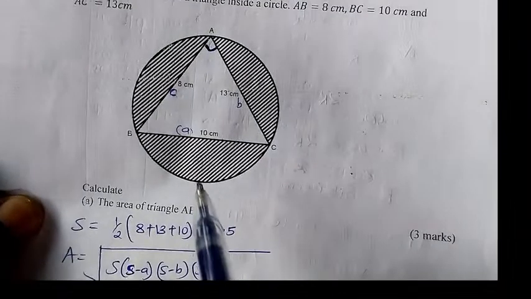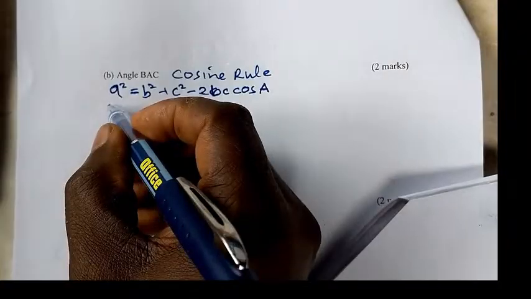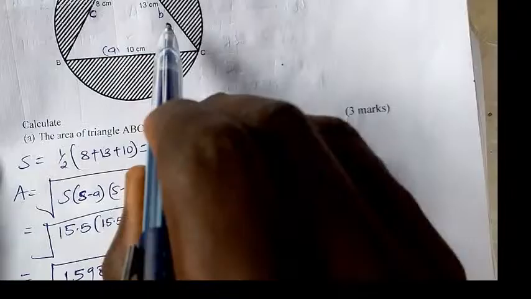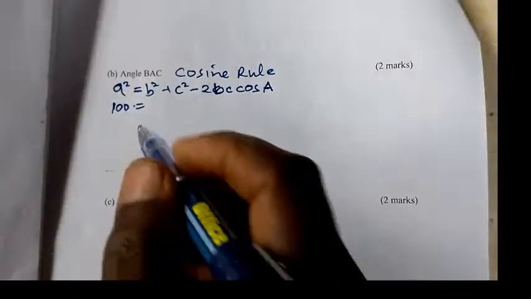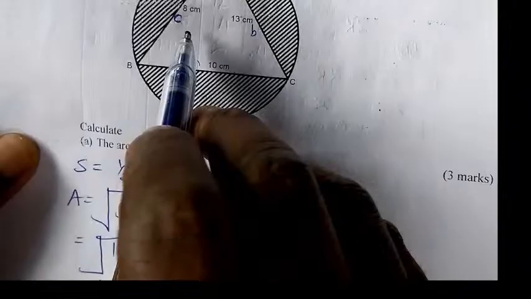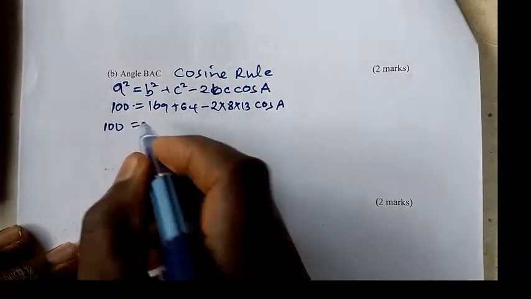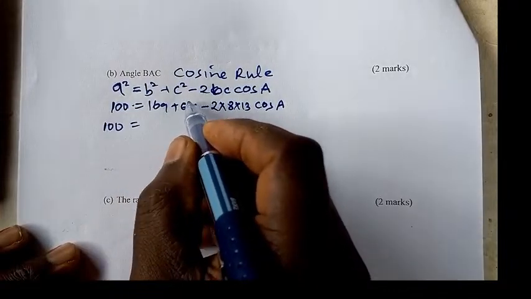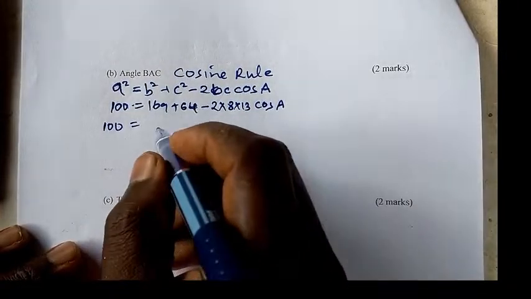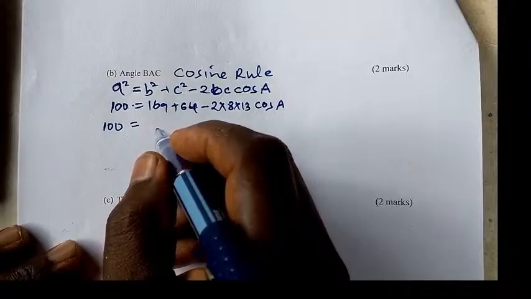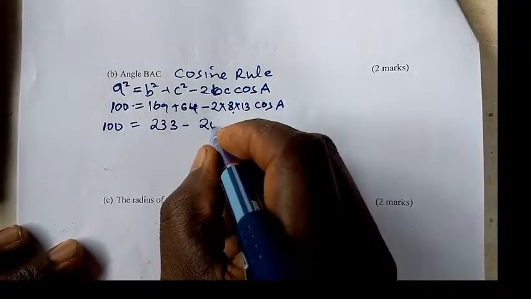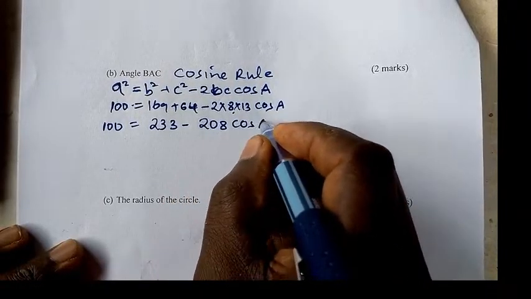A is 10. So you say 10 square is 100, is equal to B. Our B is 13 square is 169 plus C square, which is 64. 100 is equal to 169 plus 64. Itaenda kutupea 238 cos.